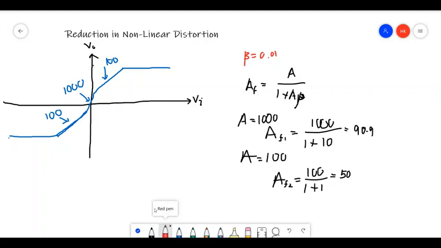If we draw this, you will see there is a significant change in the gain characteristic, something like this.